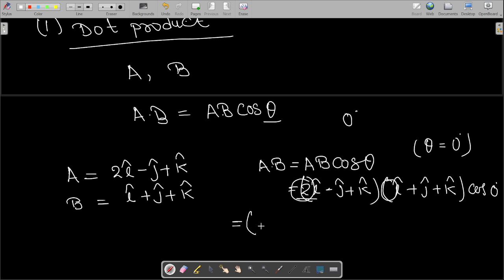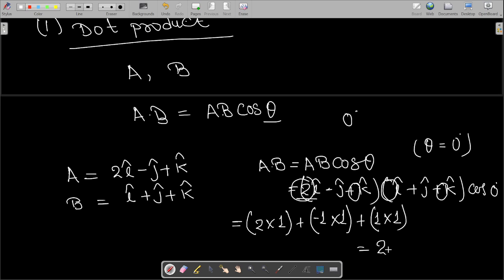For example, here 2, the coefficient of i cap, is multiplied with the coefficient of i here, which is 1, so we put 1, plus here the coefficient is minus 1, so we put minus 1 into 1, plus here also the coefficient is 1 and the other is 1. What will be the value? It would be a dot b equals 2. Simply, this is the rule.